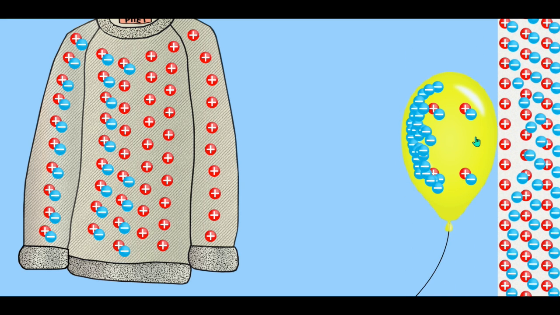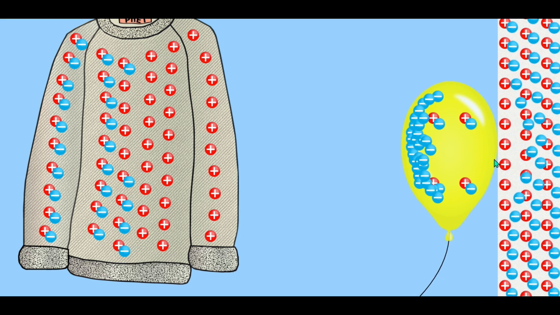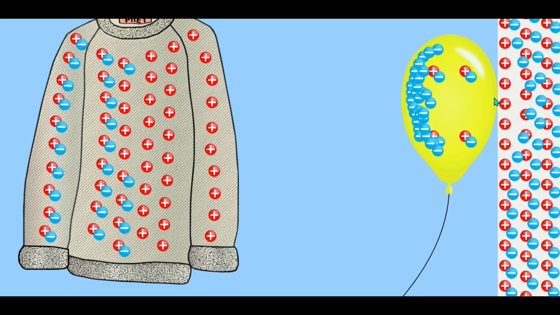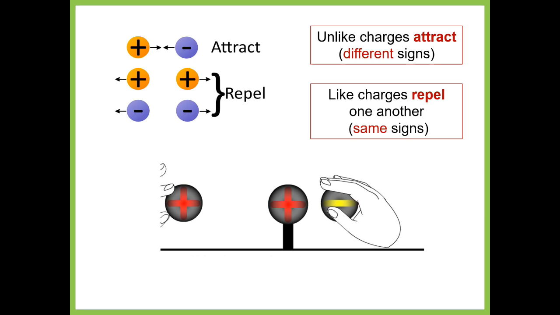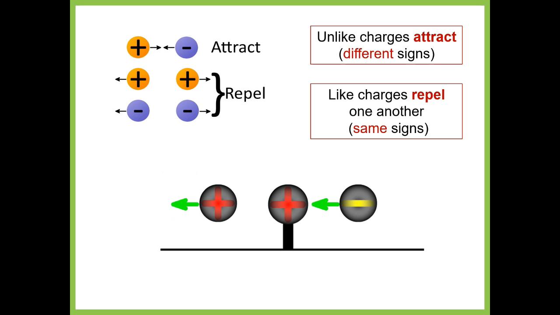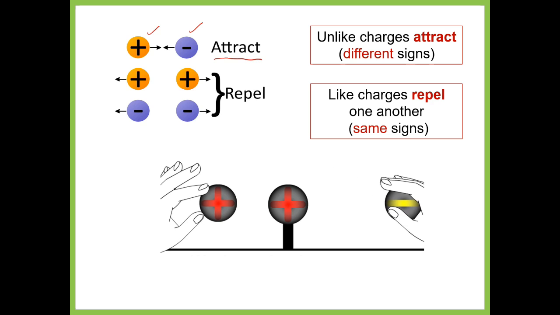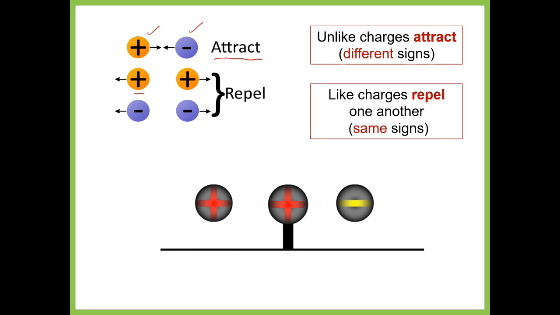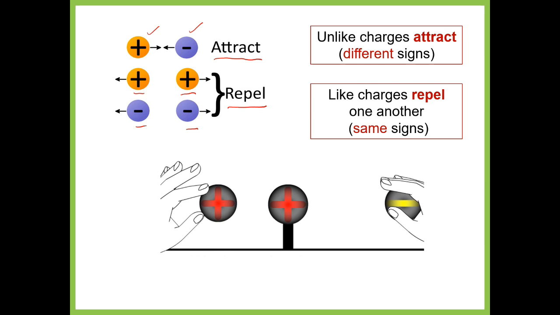The negative charges on the wall are moving away from the negatively charged balloon. We can see from the previous simulation that the unlike charges, or different sign of charge, will attract, and the like charges, or similar sign of charges, will repel.